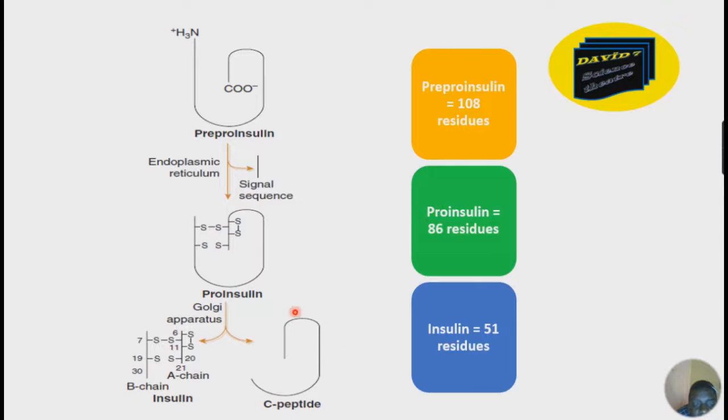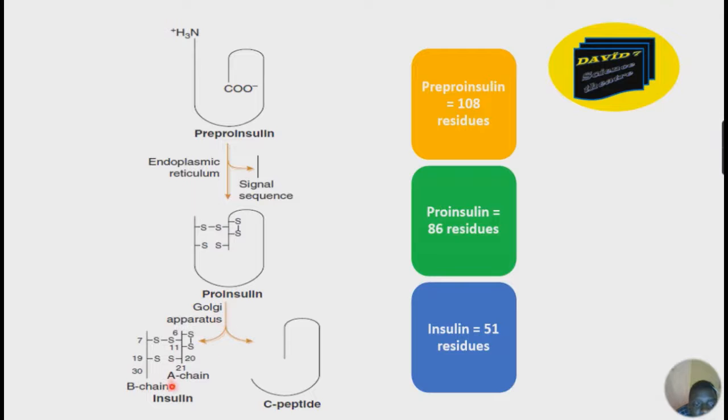This is important clinically in checking whether it is type 1 or type 2 diabetes. If it is the type where there is no formation of insulin, the C-peptide won't be there. But if there is formation of insulin and you have diabetes, the C-peptide will be high in concentration.